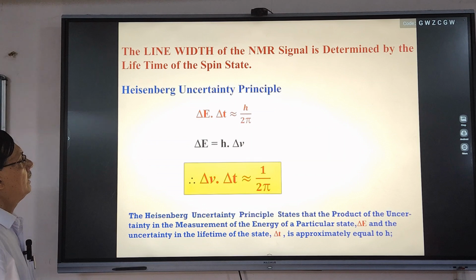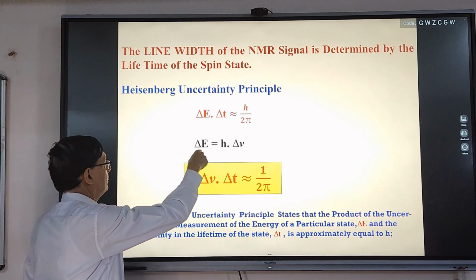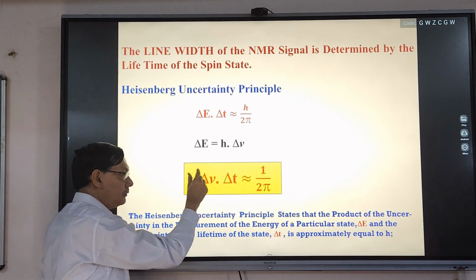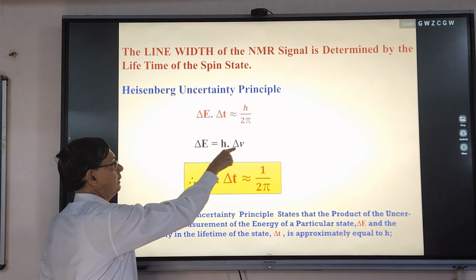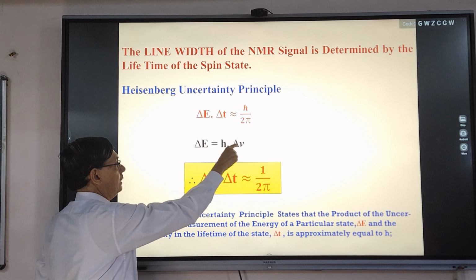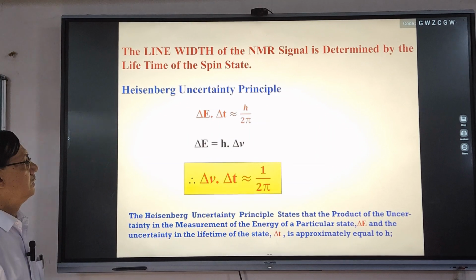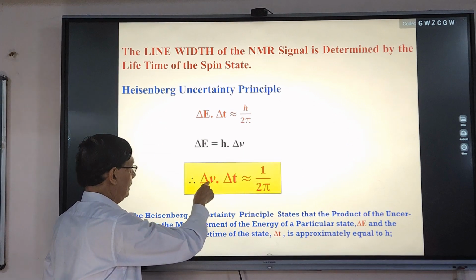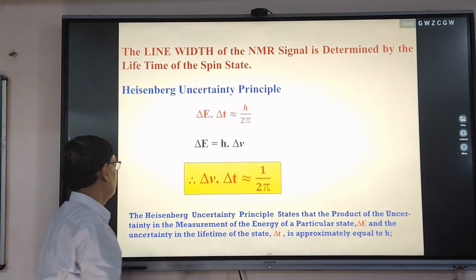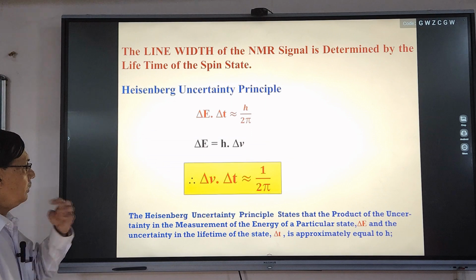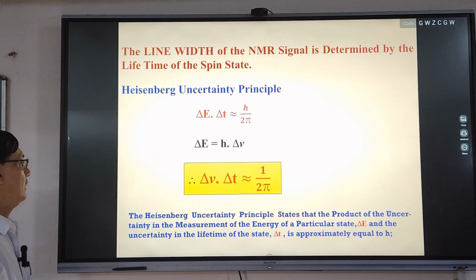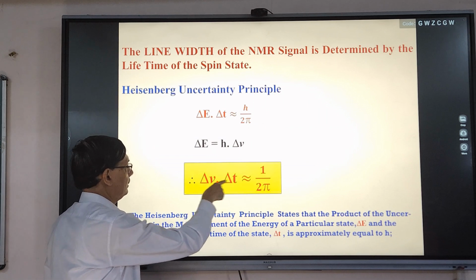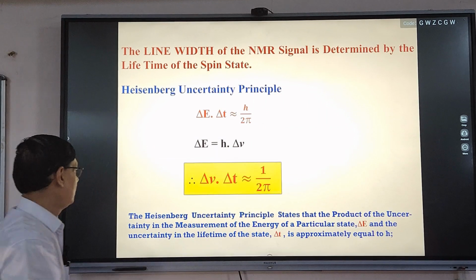And we know that E is equal to h nu, so there is a change in the energy, therefore I have written delta nu. So I can write delta nu times delta t is equal to 1 by 2 pi. So now you can understand that delta t is 1 by 2 pi delta nu.